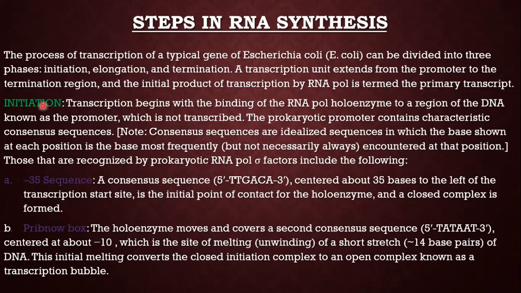Now, initiation. Transcription begins with the binding of the RNA polymerase holoenzyme to a region of the DNA known as the promoter region, but it is not transcribed. The promoter region is not transcribed. The RNA polymerase just binds there. Now, the prokaryotic promoter region contains a characteristic consensus sequence.